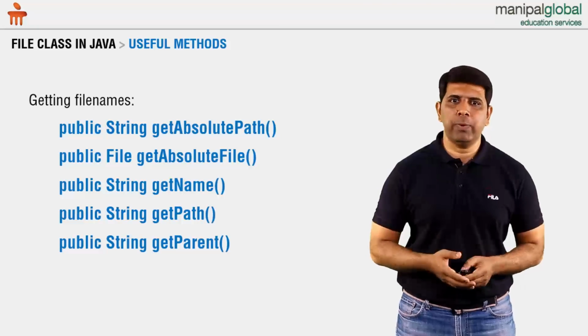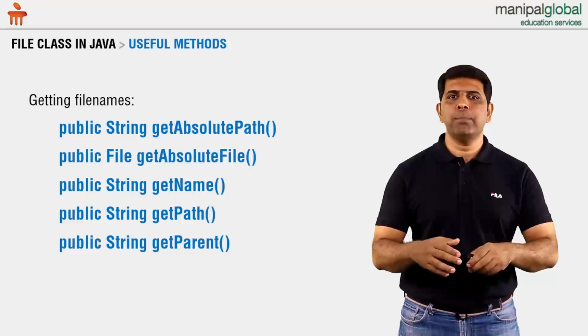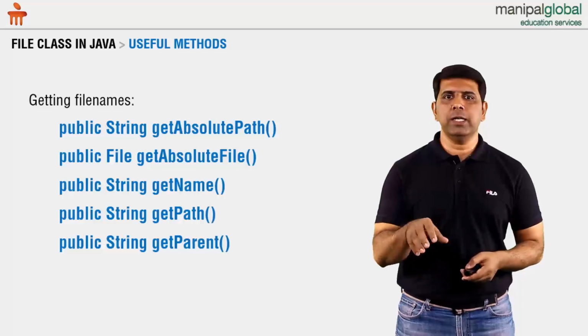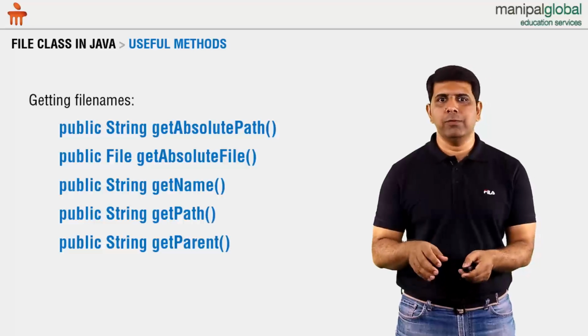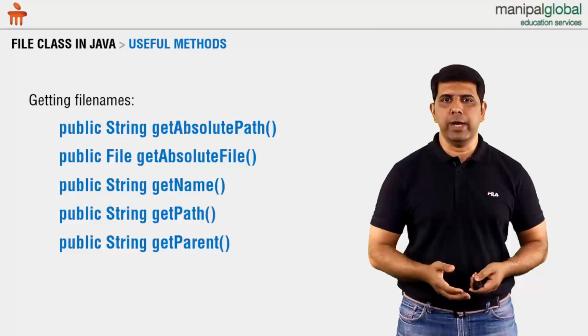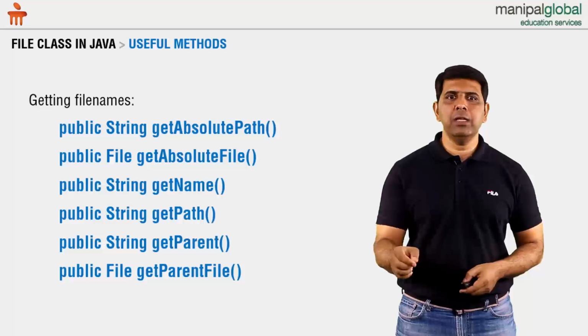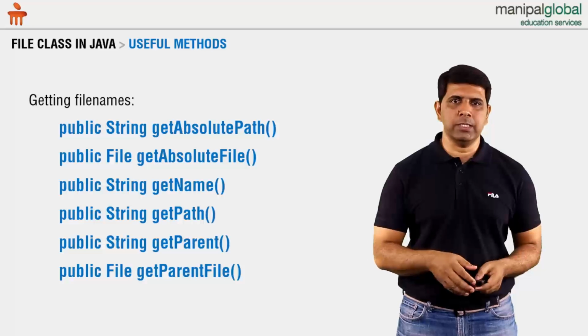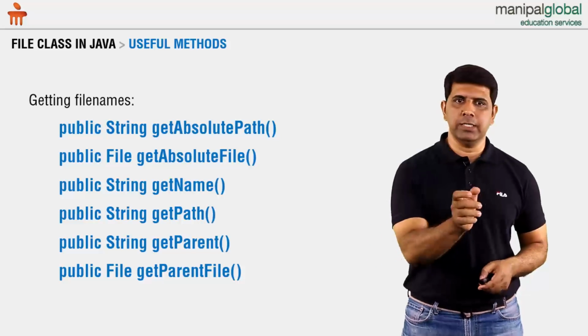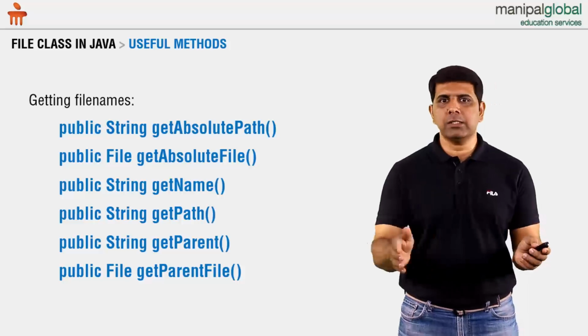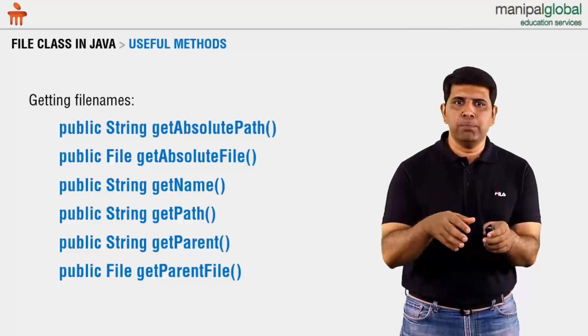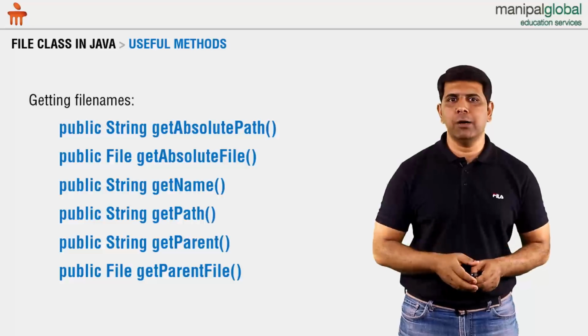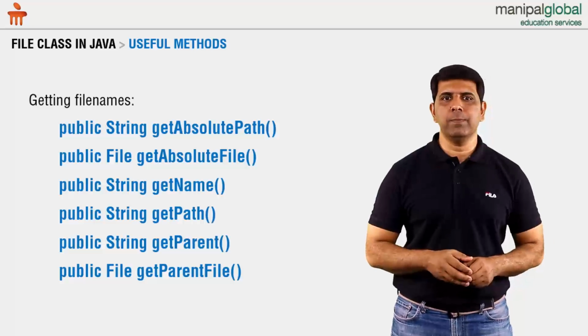Also, you have getParent to indicate the parent directory that contains the current resource. The resource could be a file or directory, but what is its parent? GetParentFile gives you the file object representing the same thing. Remember, getParent returns a string that represents the path name of the parent, whereas getParentFile will give you the file object representing that file.